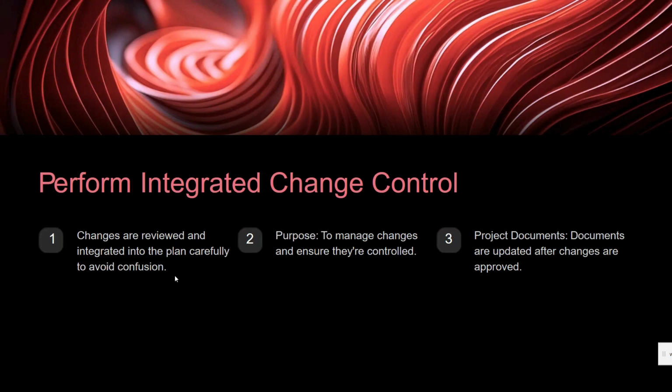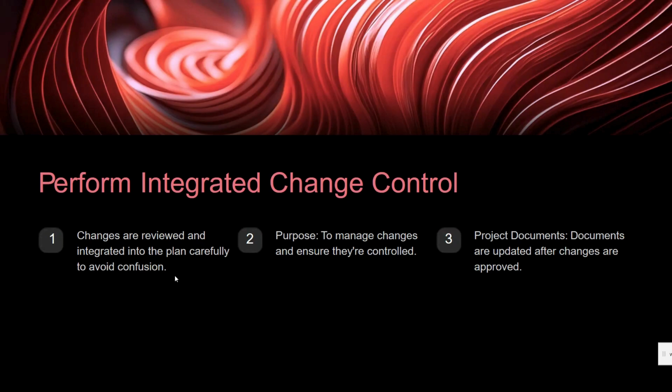So sometimes we need to adjust the plan, whether it's changing the scope, timeline, or cost. This process is all about managing those changes carefully, so they don't mess things up. So we review the proposed changes, decide if they are needed, and then update the plan accordingly.